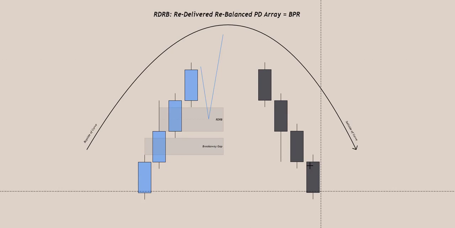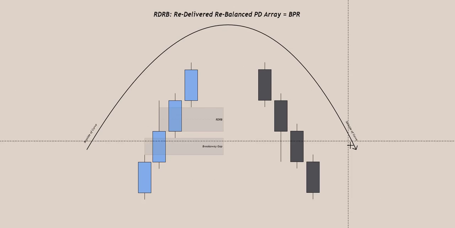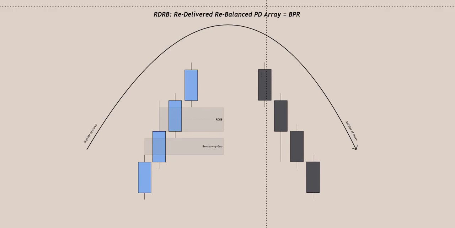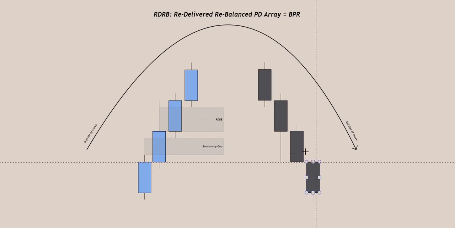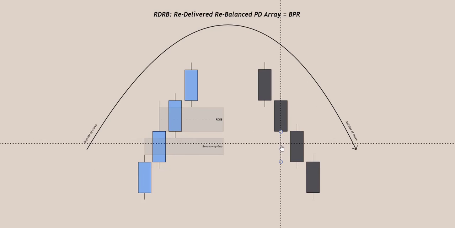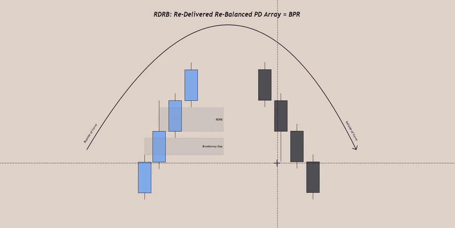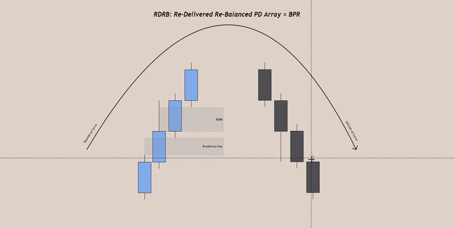Vice versa on the other side. So when we're looking for bearish RDRBs, we're looking for it on the sell side of the curve of a market maker model, right? And here, same thing, this 3 candle formation, once again, 1 candle, 2 candle, 3 candle. The bottom wick of the first candle overlaps with this third candle's top wick, right?